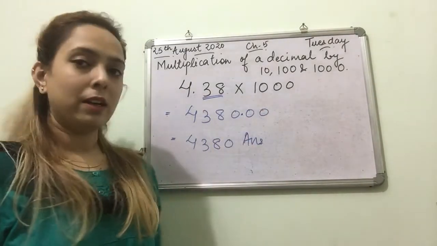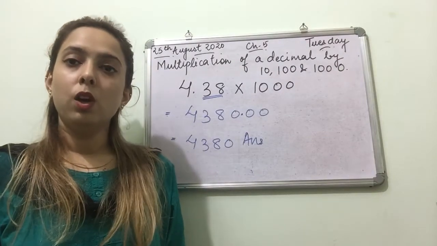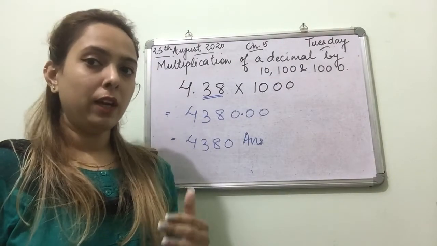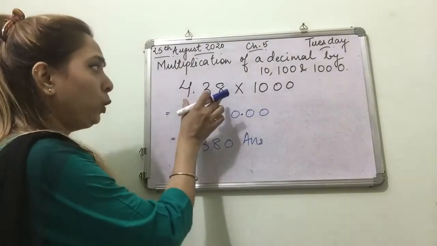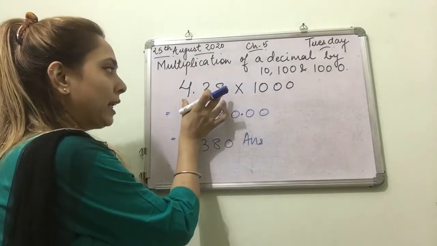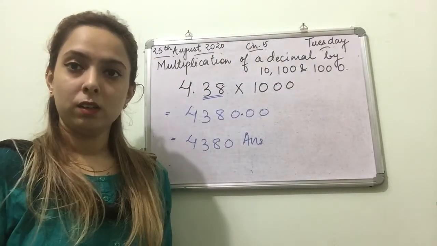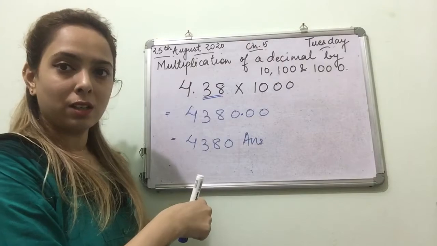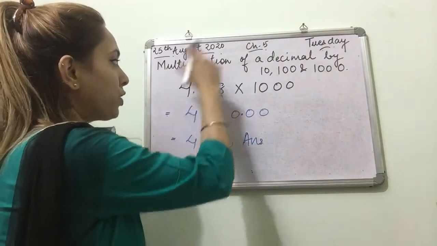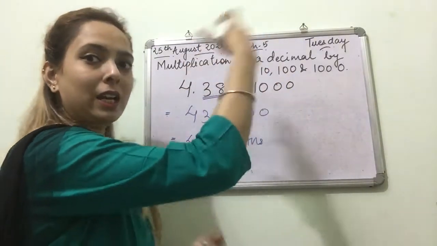So this is your final answer. Students, every time you multiply any decimal by 10, 100 or 1000, in your answer the decimal will be shifted towards the right side.